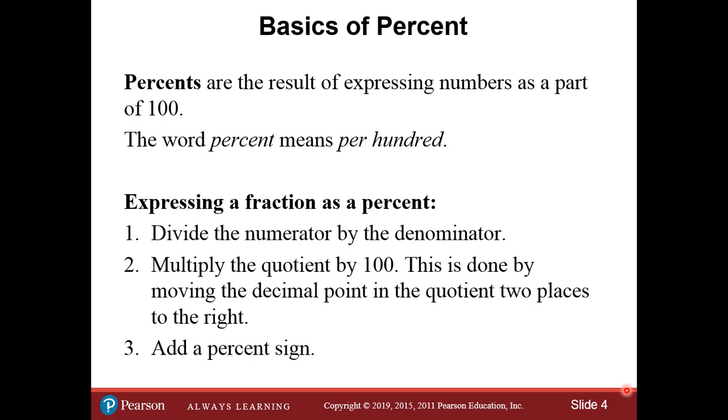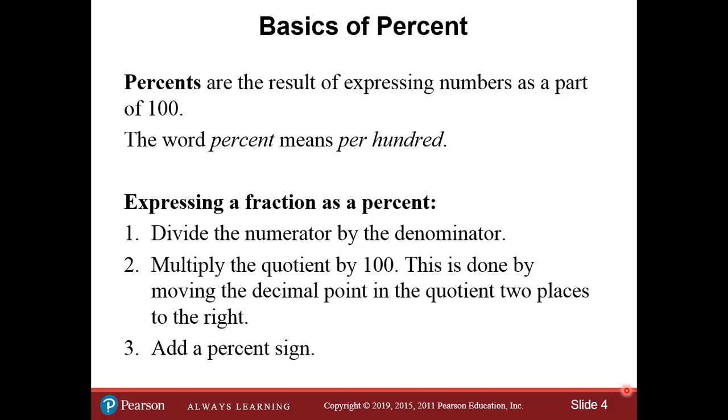Now, expressing a fraction as a percent, you do 3 steps. You divide the numerator by the denominator, and then multiply the quotient by 100. And this is done by basically moving the decimal point 2 places to the right.